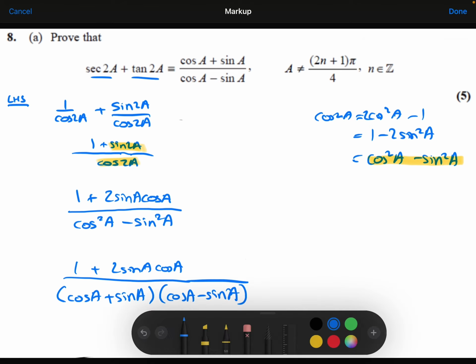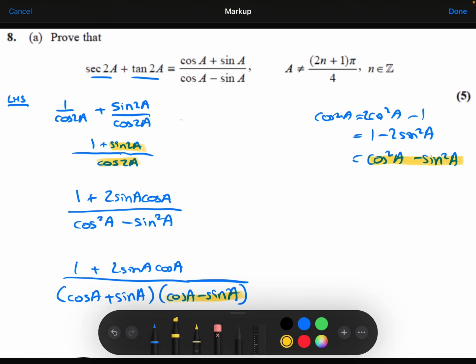And now I can see that this is starting to look a little bit like what I want. But I've still got this here, which I'm hoping is going to cancel with something on the top in a minute.